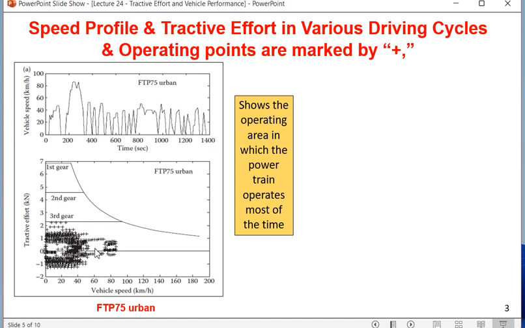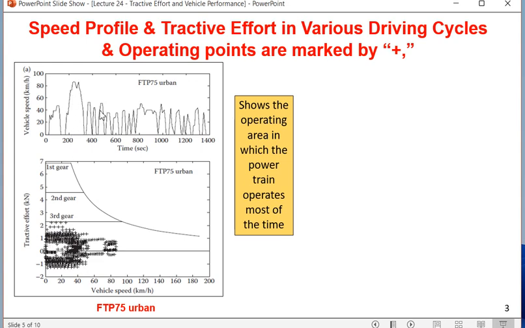So these are the regions, but most of the time the vehicle is in decelerating mode, which is below this line. This is the zero line. So these are the pluses at every instant where regenerative braking is produced, and at the top are the places where we find upward movement of the vehicle.